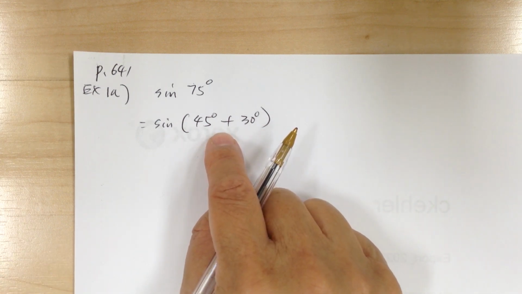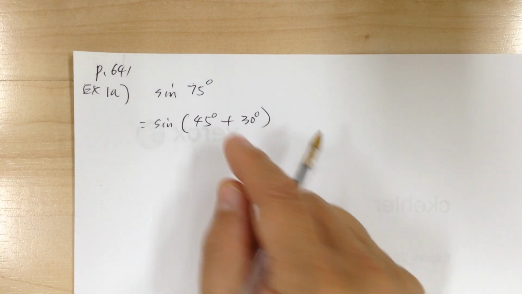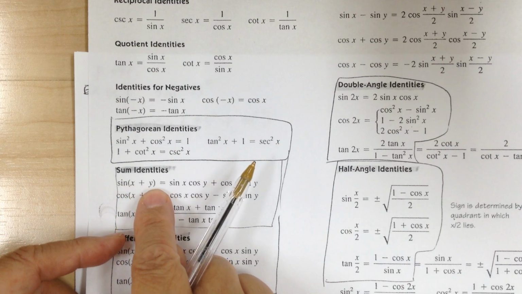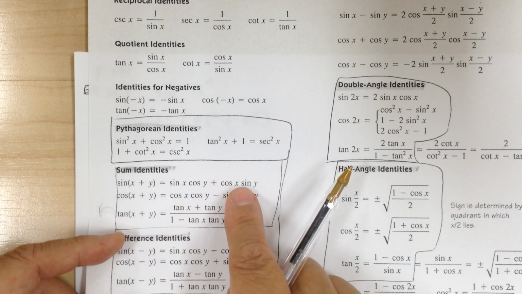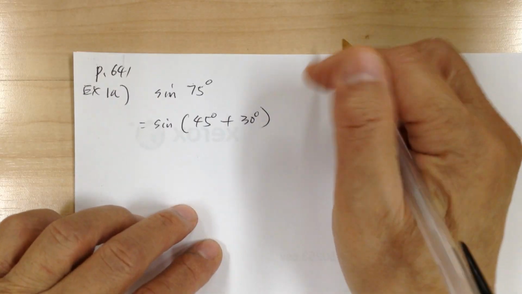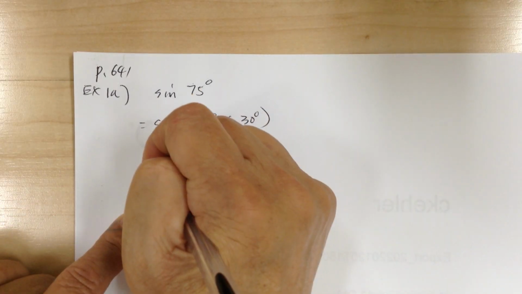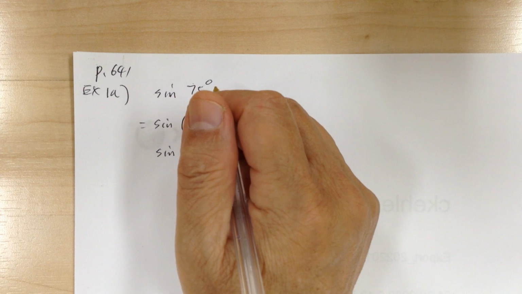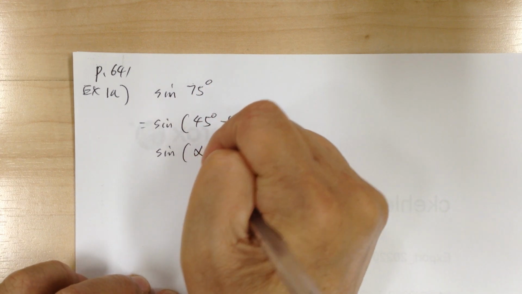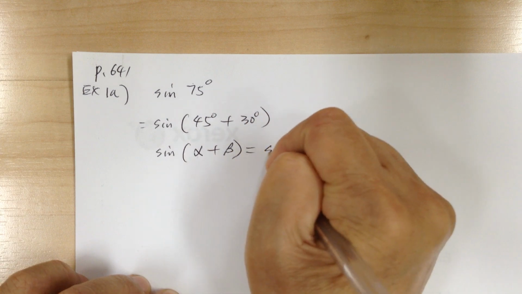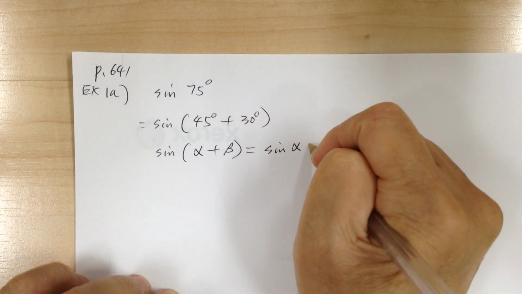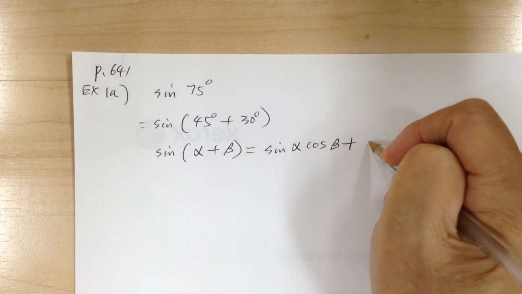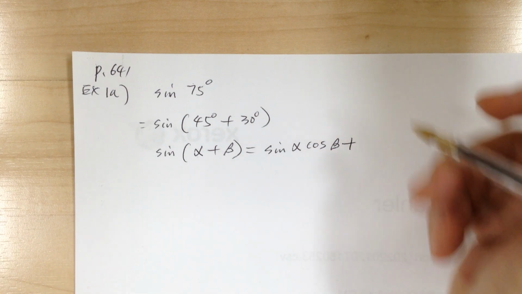The next thing you have to do is use your sum formula. So the sine of first plus second will equal sine first, cosine second, and so forth. So what you want to do is write sine of, in the book they use alpha and beta. This is equal to sine alpha cosine beta plus, it depends on how you memorize it.